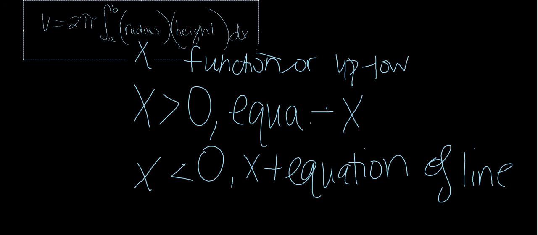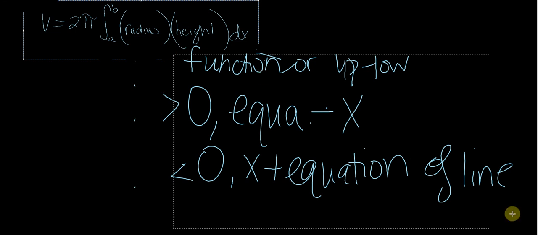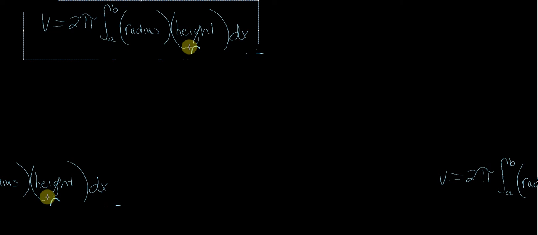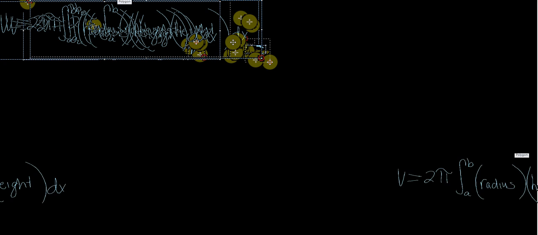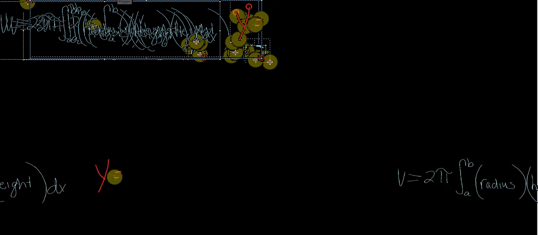Okay, we're going to do two example problems. So our first problem is bounded by the function y equals negative x squared plus 4x plus 3.